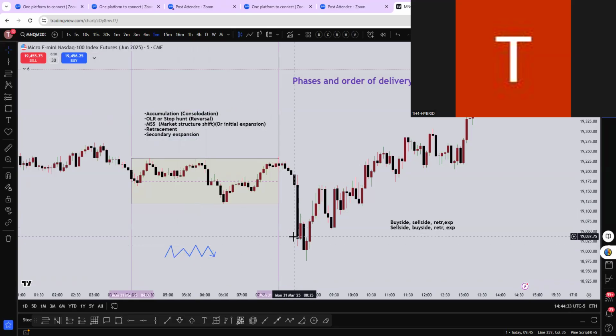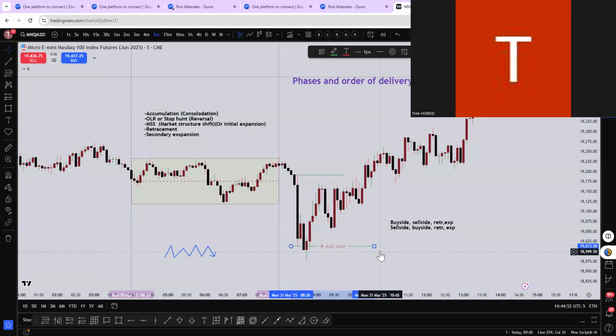Another form of an accumulation can be one candle. So if we have a large candle that has multiple candles inside of it, and we are failing to expand below the high and the low of that candle, this is your accumulation candle.